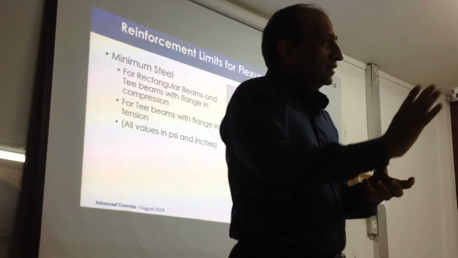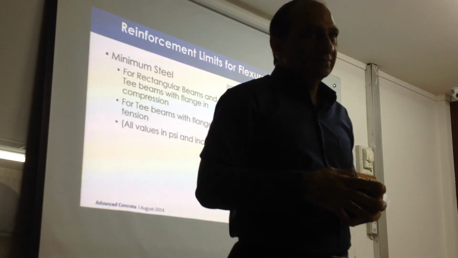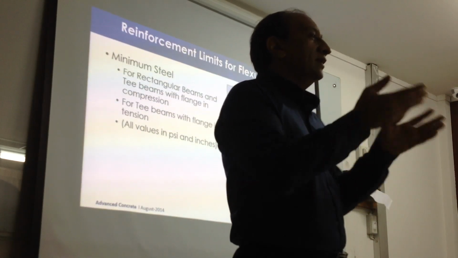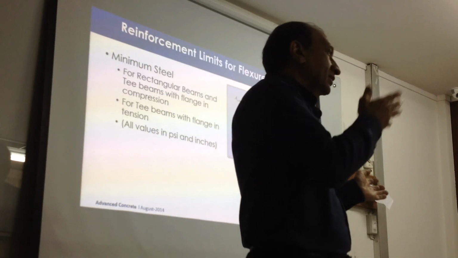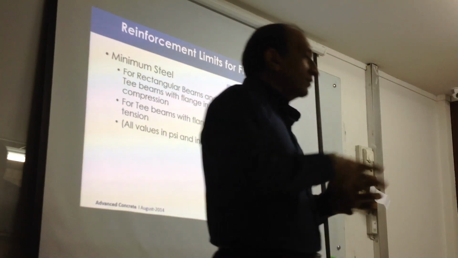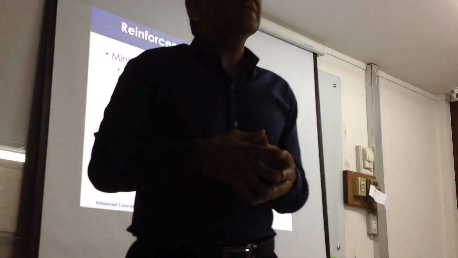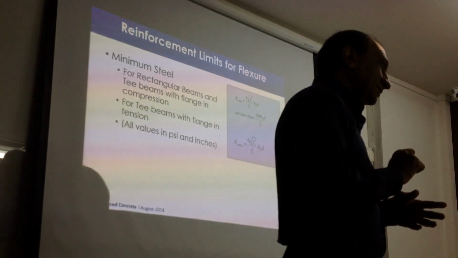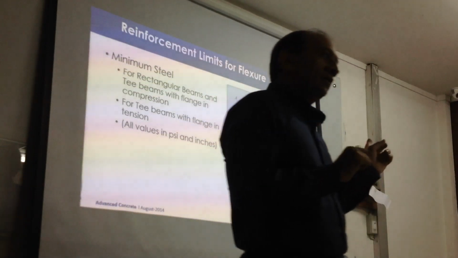Concrete cracking capacity is 100, right? So the reinforcement you provided is for 90 or 80. Let's say your actual moment is 80, but the concrete cracking capacity is 100. When you calculated, you ignored the tension capacity, and you provided reinforcement for 80 moment.